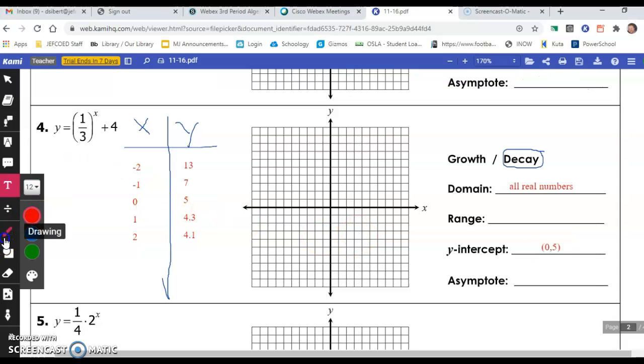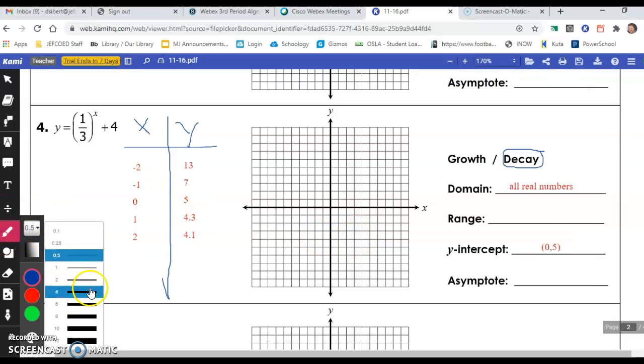Now, let's quickly graph these. So we're going to go -2, 13. I know 13 won't fit on the graph right now because it only goes intervals of 10. So we're going to go -1 to 7. So -1, 1, 2, 3, 4, 5, 6, 7. We're going to go 0 to 5. So there's 6, 5.